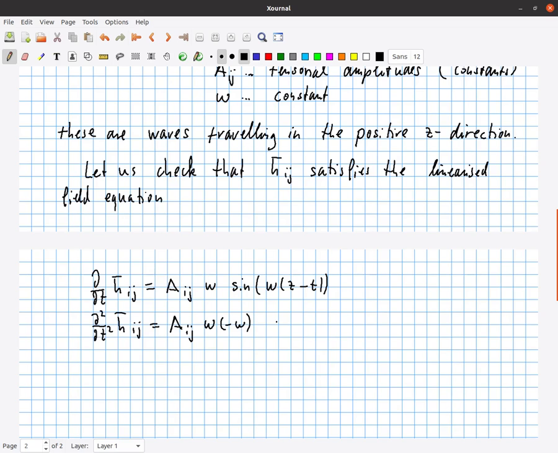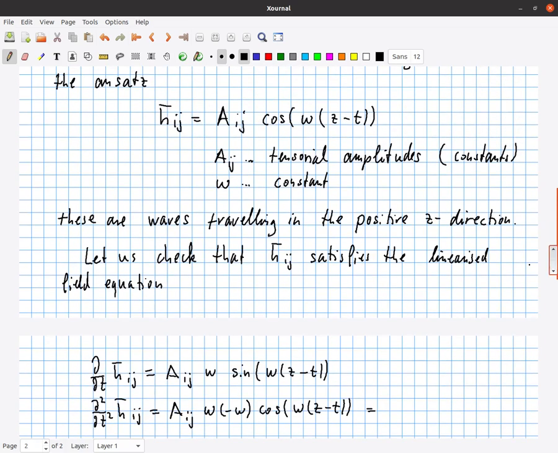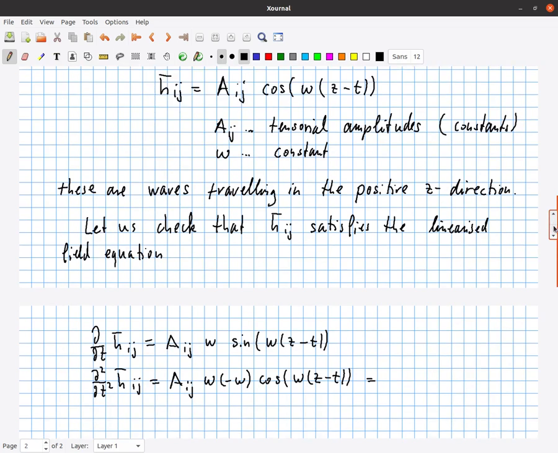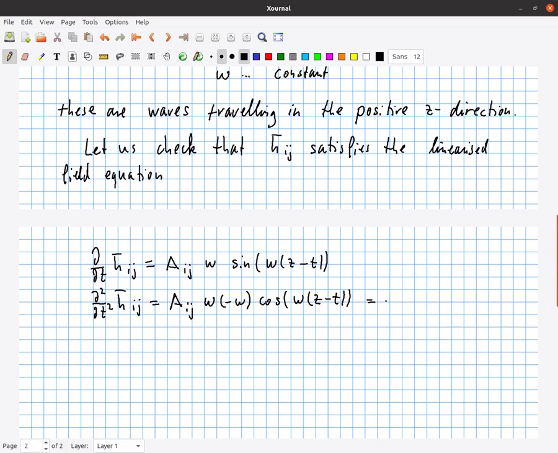Minus omega, and sine differentiates to cosine. Which is, if we compare with our ansatz up here, we are exactly back to h bar ij, but with the minus omega squared.